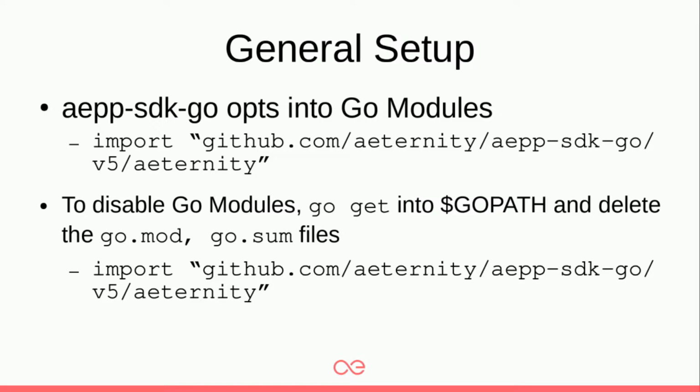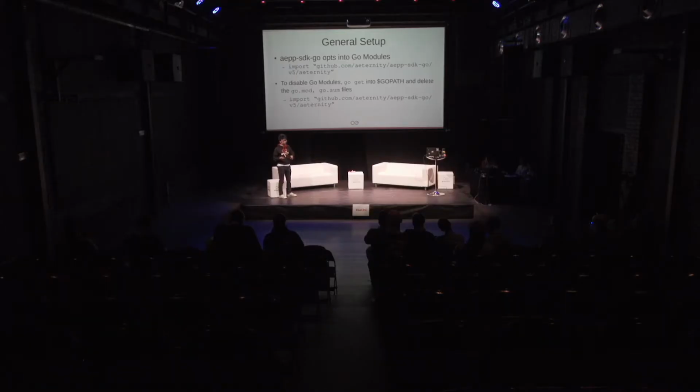If you do not like this, go to your Go path, go get the Go SDK, then go into the directory and delete the go.mod and go.sum files. Then you can drop the v5 from the imports in your package. Otherwise, it does not matter whether your project uses Go modules or not. You will mostly have to include the major version in your import.